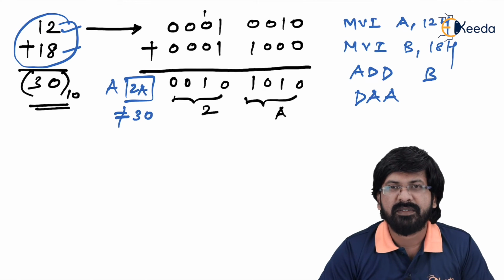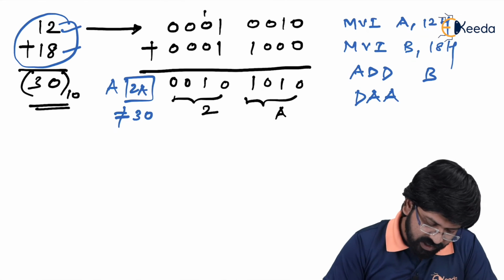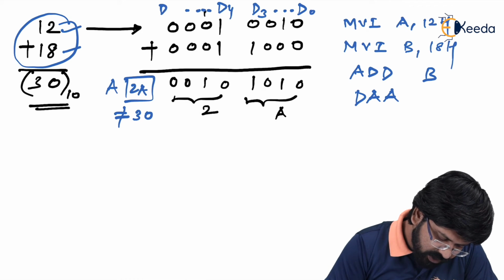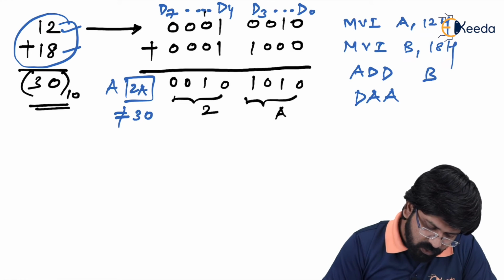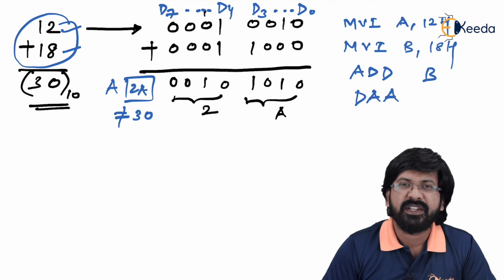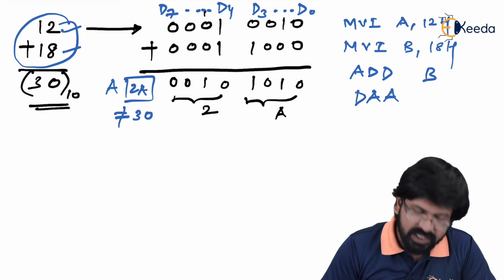In step 1, it checks whether D0 to D3 of the result is greater than 9. This is D0 up to D3, this is D4 up to D7. As you can see, D0 to D3 is A, which means it is greater than 9. In that case, it adds 6 to D0 to D3. Also it checks whether D4 to D7 is greater than 9.